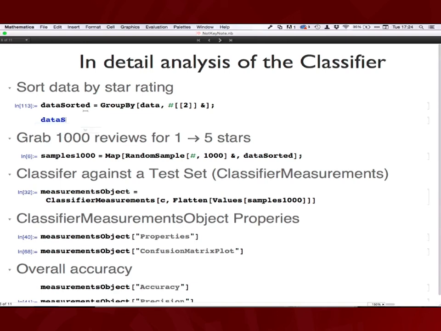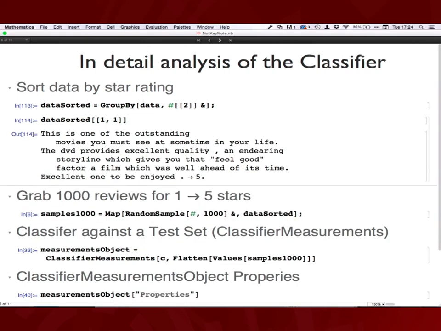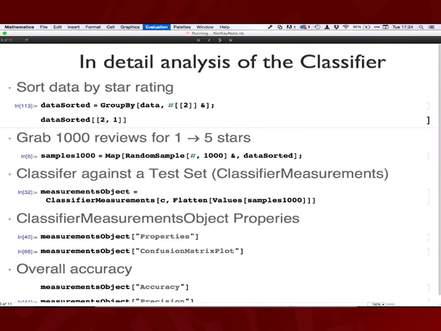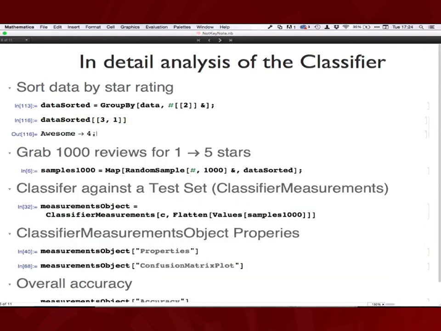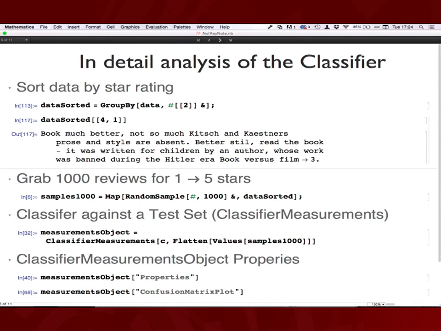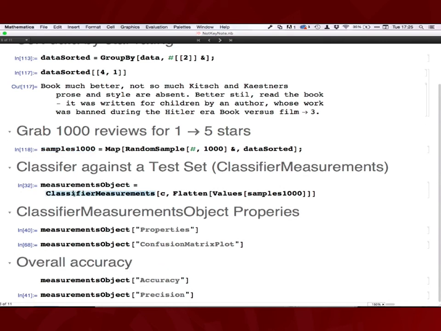If I have a look at data sorted 1, 1, we can see that this is the 5-star group, and if I go to 2, 1, it's the 1-star group, 3, 1, 4-star, etc. So I've grouped all the data into groups, and basically I want to take a random sample of 1,000 reviews from 1-star, 2-star, 3-star, 4-star, 5-star. So that's what the variable sample 1,000 is.